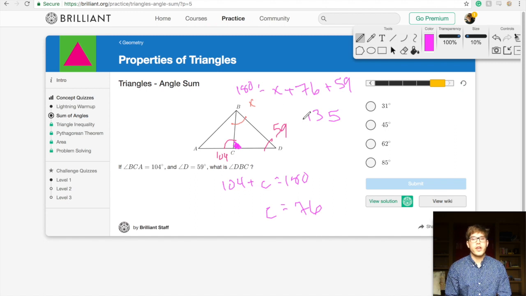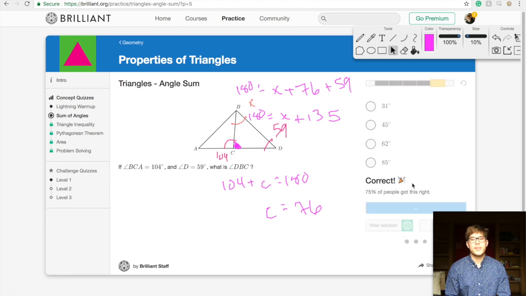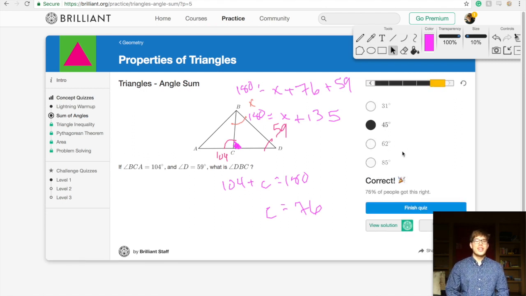So 135 plus x equals 180. So what can we add to 135 to get to 180? Well, we can add 45 degrees. Submit. All right, correct. This was great work, everybody.